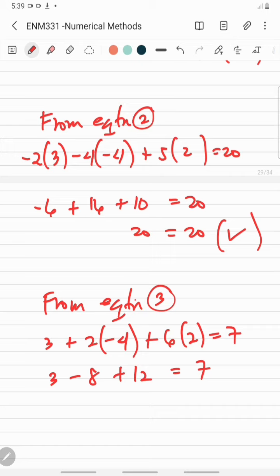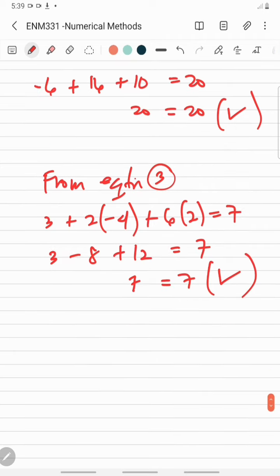So 3 minus 8 is negative 5. Then negative 5 plus 12 is equal to positive 7. So again, the value of the left side is equal to the right side. So this proves that our answers for x1, x2, and x3 are correct.